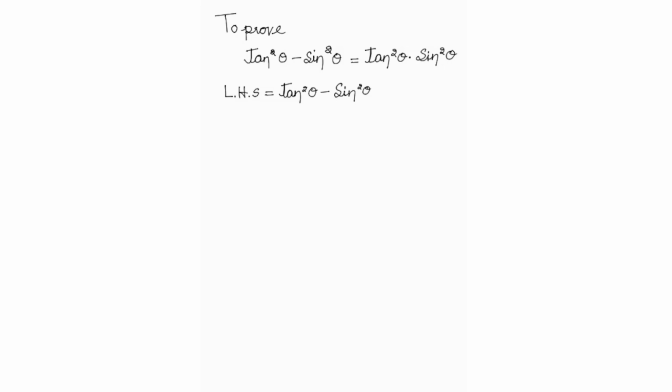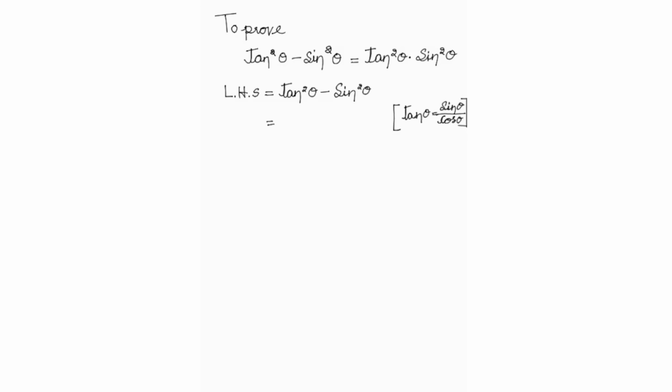Which is equal to, here let's substitute the value of tan theta. So we all know that tan theta is equal to sin theta divided by cos theta. Okay, so let's substitute it here.